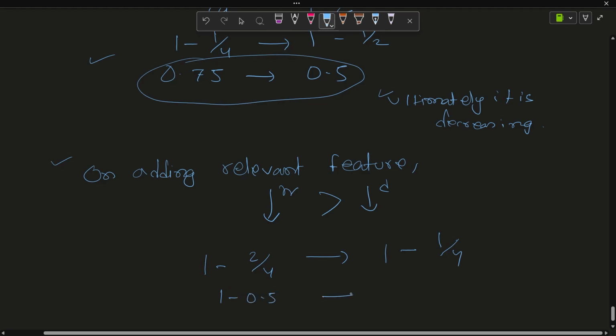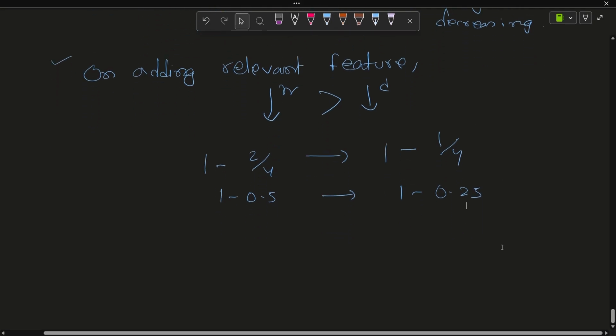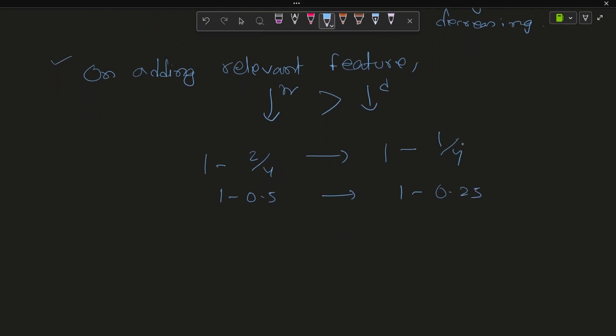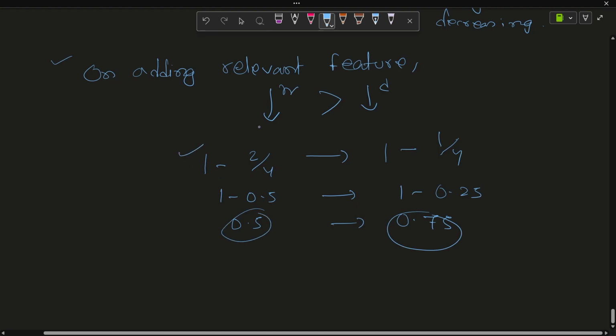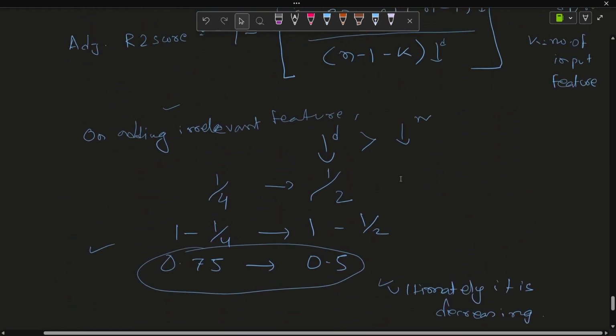It will be 0.5 to 1 minus 0.25. I am taking the denominator as constant only, because I am not changing it, because the decrease is very less, because the numerator is decreasing by many times, that is why I am doing this. So 0.5 will be increased to 0.75, it will happen like this. Okay, this is the thing, overall increase, and here overall decreasing.